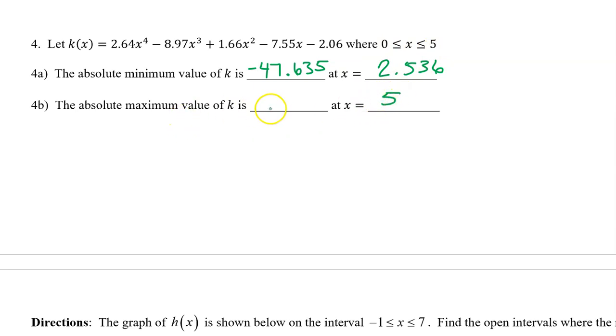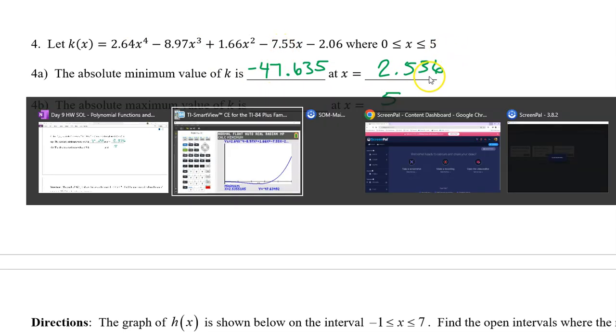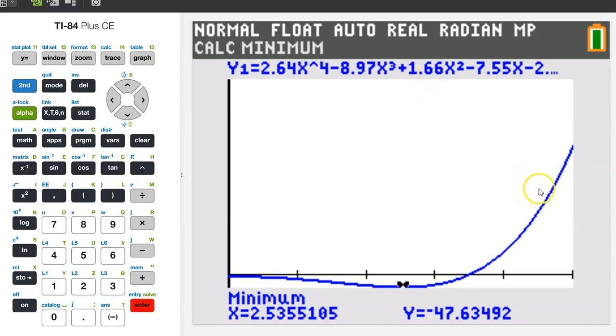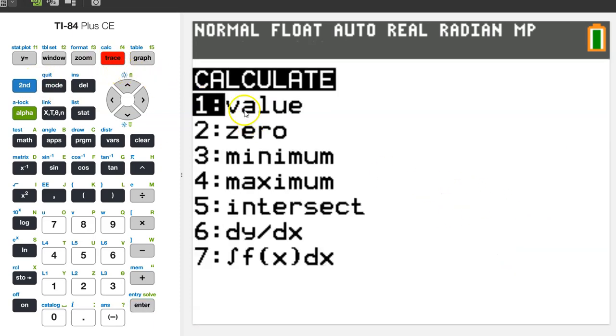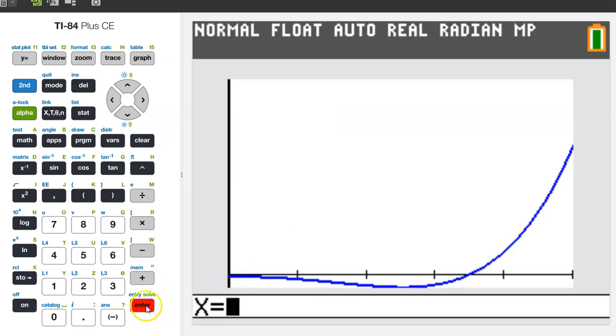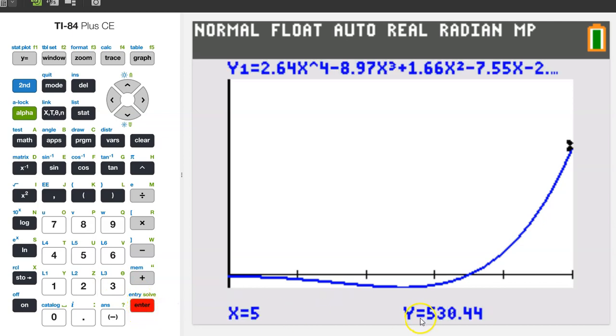So it's just a matter of what is the value of this function at x equals 5. All right, an easy way to find that from the graph is to do second trace value. And you can just type in the x value that you want. So I'm going to type in 5, and I see that the y value is 530.44.